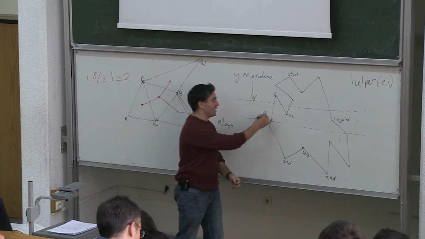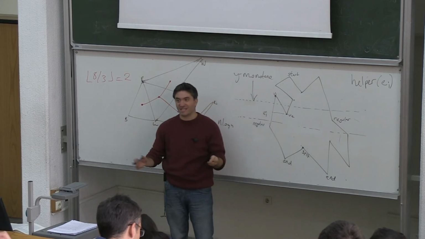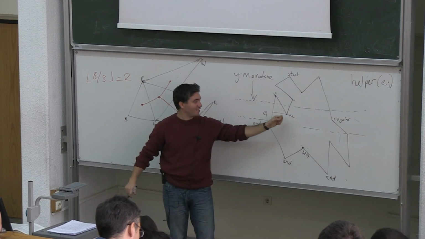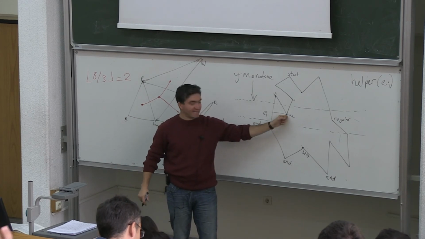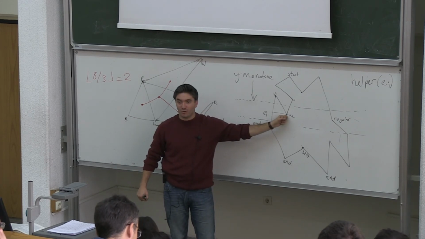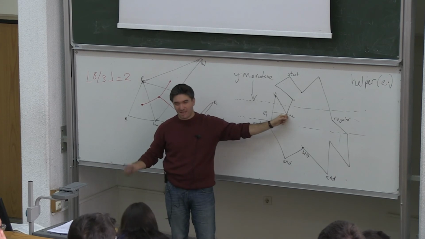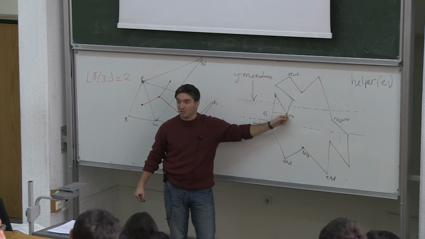I don't even need to check whether this horizontal line intersects with anything or not, because I already have my balanced binary search tree. As soon as I get to this V2, all I need to do is ask, what is the left neighbor of this vertex V2?